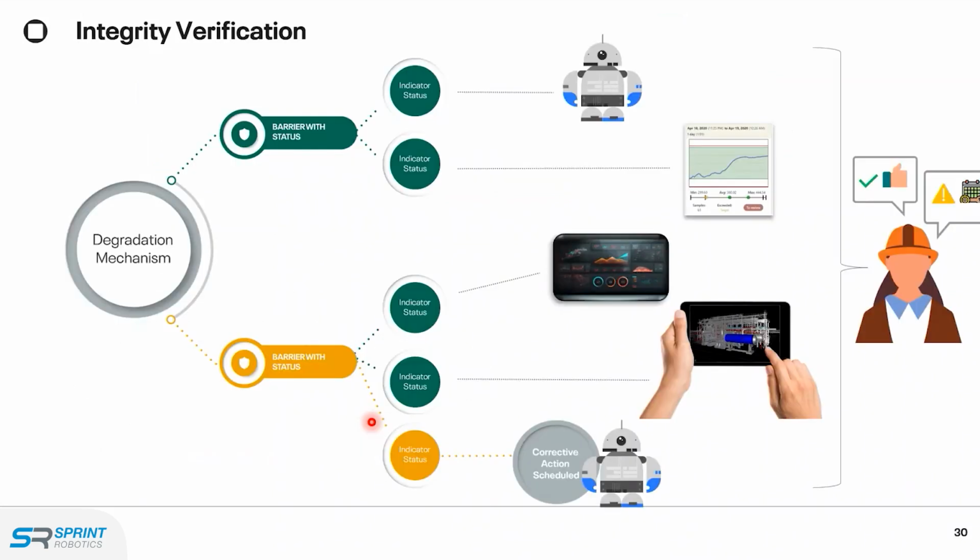It's a high level, right? We're going to have a degradation mechanism: corrosion, thinning, or CUI, or stress corrosion cracking. We're going to implement barriers. Those barriers will be monitored by indicators, right? Those indicators will be updated based on different sources through an integration.